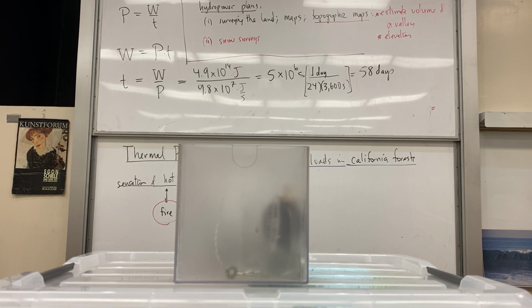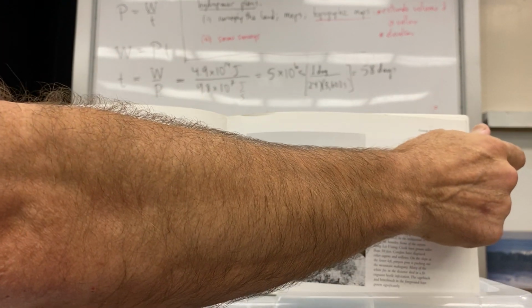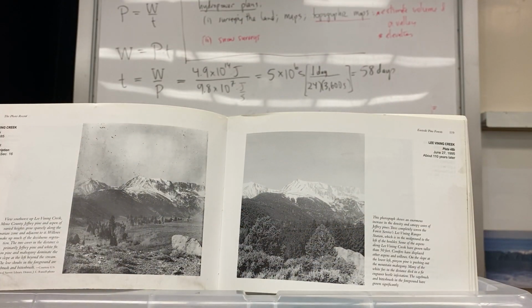It's all one take, no edit in this class. Okay, let's set this up and hope for the best. Once again. Okay, good. Yeah, you see the same rock, so that's how you get the location. And then you see the enormously increased forest cover between 1885 and 1995.